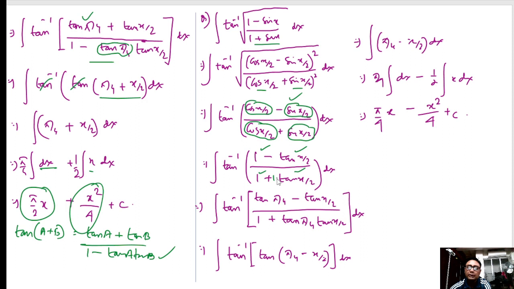I can write here 1 as tan pi by 4. Now this is tan A minus tan B by 1 plus tan A tan B, which is tan A minus B's formula. Inverse and this cut. So pi by 4 is a constant, goes out. Integration of dx is x and half goes out. Integration of x is x square by 2, which is becoming 4 because there is a half.